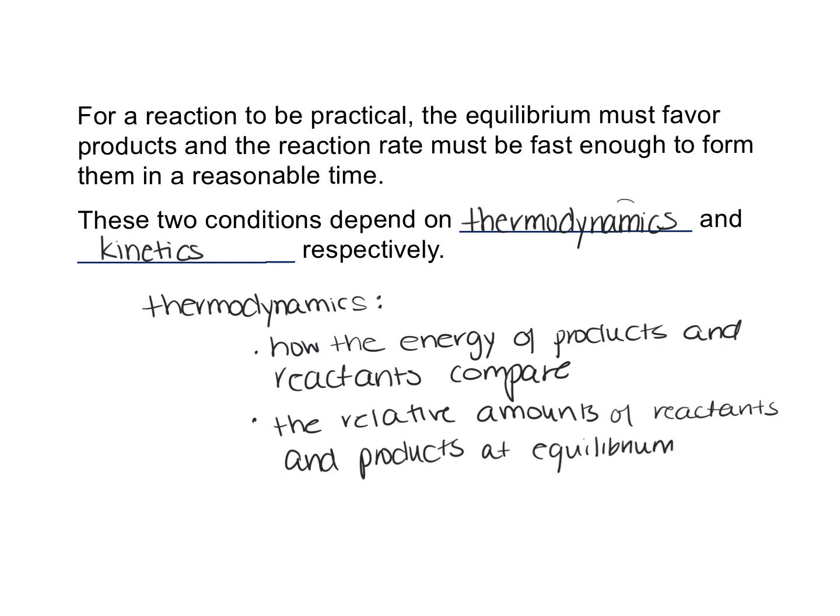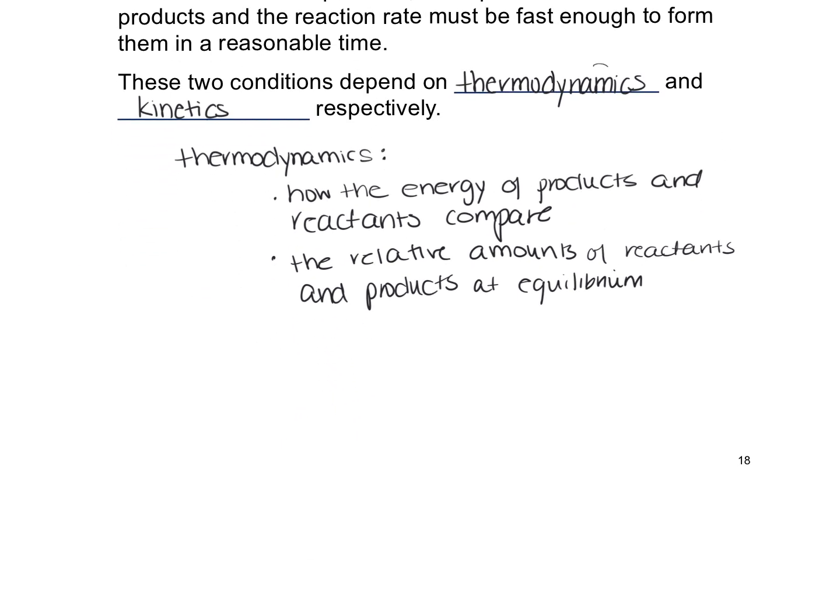A lot of times we think about equilibrium as when the reaction is complete or finished, right? But remember, at equilibrium we're no longer producing any additional products, and many times we're not going to have 100% products. We're going to have some percentage of products and some percentage of reactants.